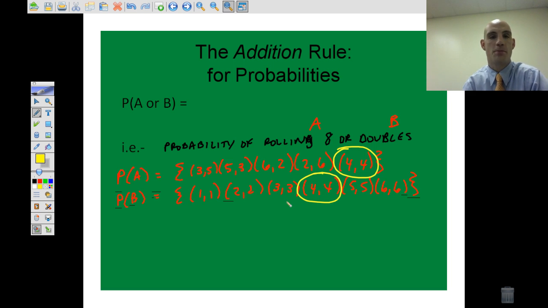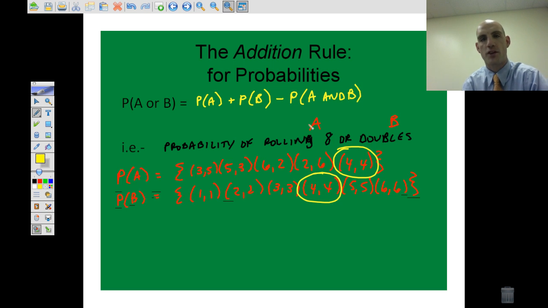The addition rule for probability says this. We're going to add the probability of A plus the probability of B, just like we talked about in the 2 previous examples. But what we need to subtract is the probability of A and B. Because what this does is it says the probability of A is going to be 5 out of 36, and the probability of B is going to be 6 out of 36.